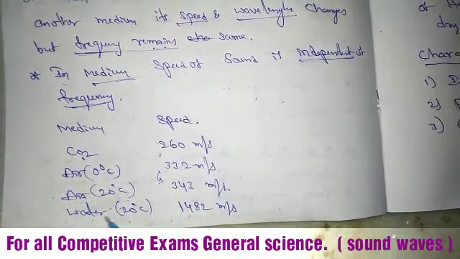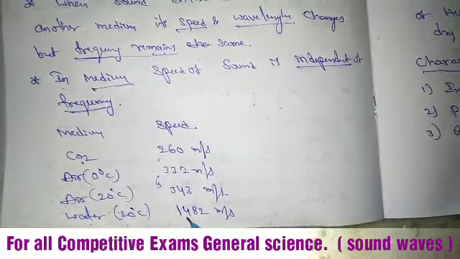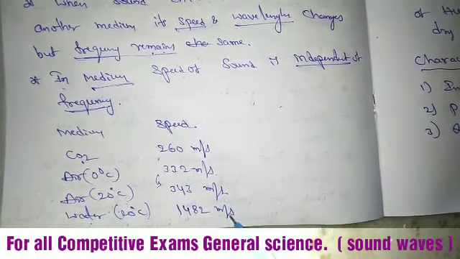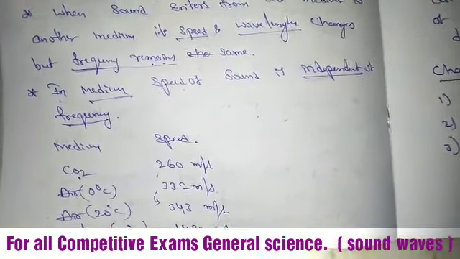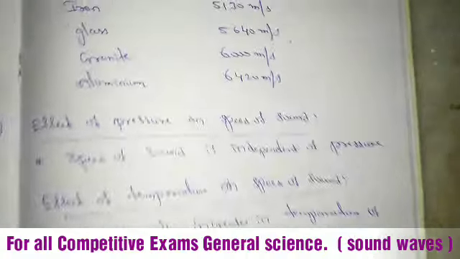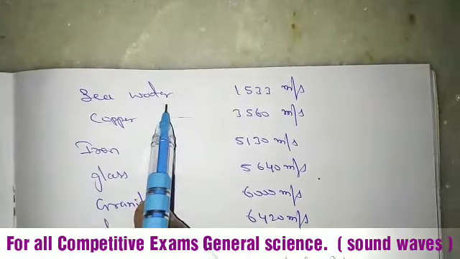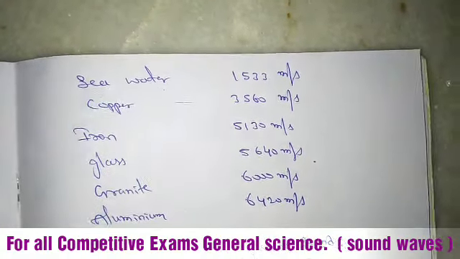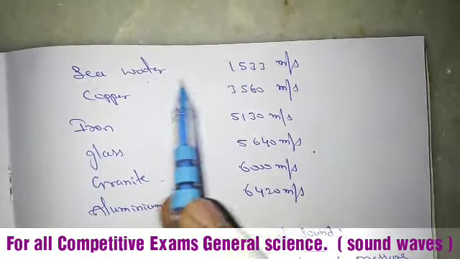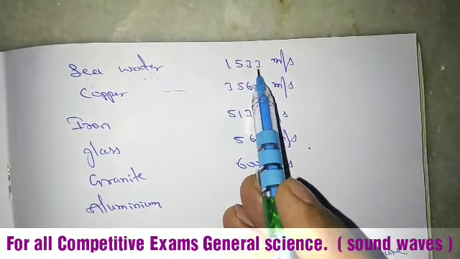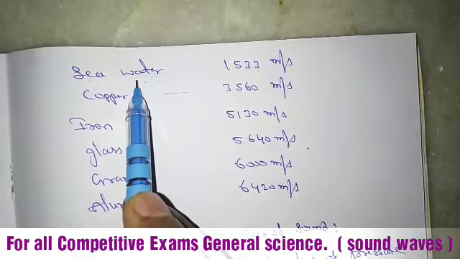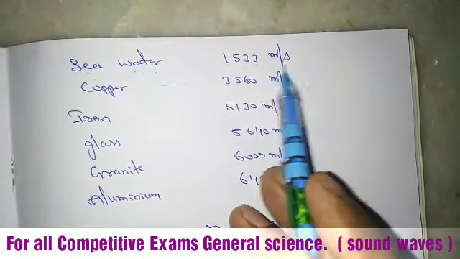Next, in water at 20 degree centigrade, 1482 meter per second. That is the speed in water. And in sea water, that is common water with salt, 1533. Because it has some salt in it, its speed is increased.